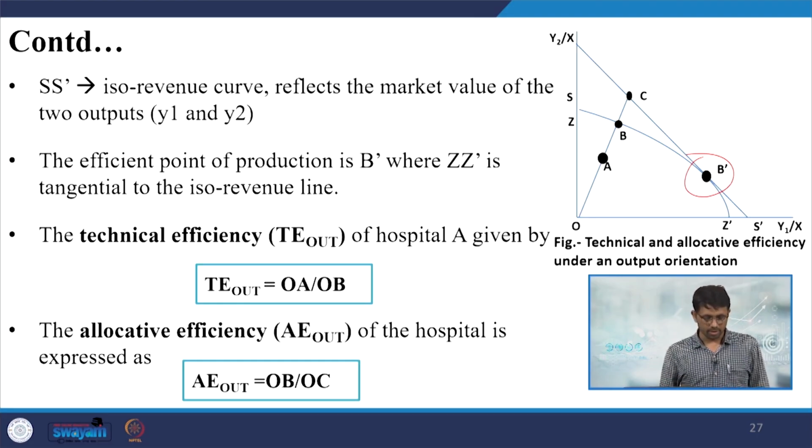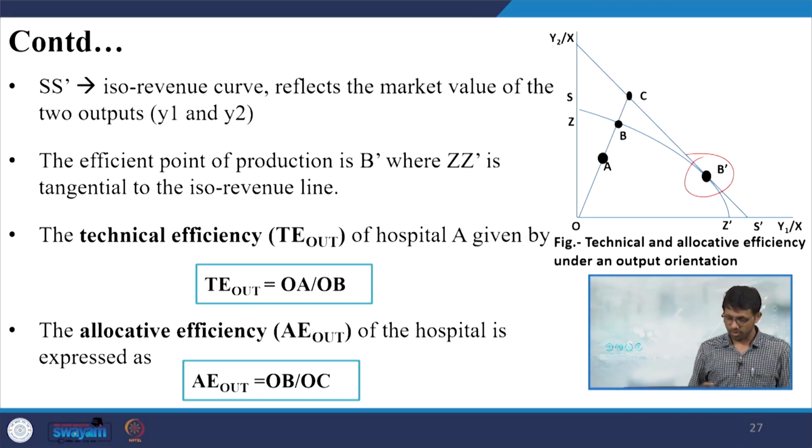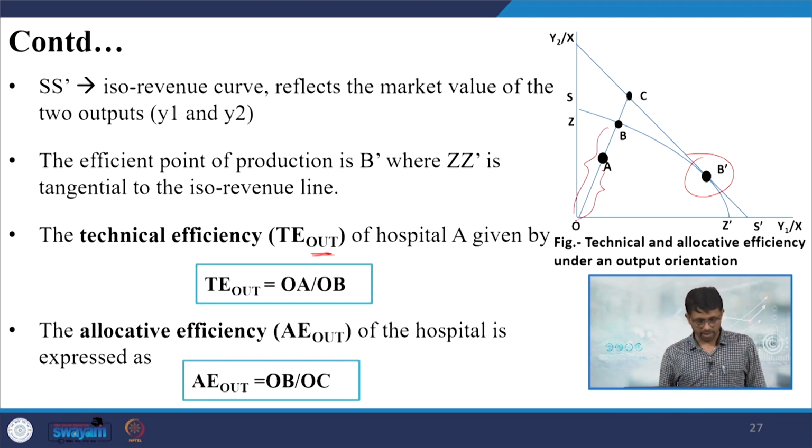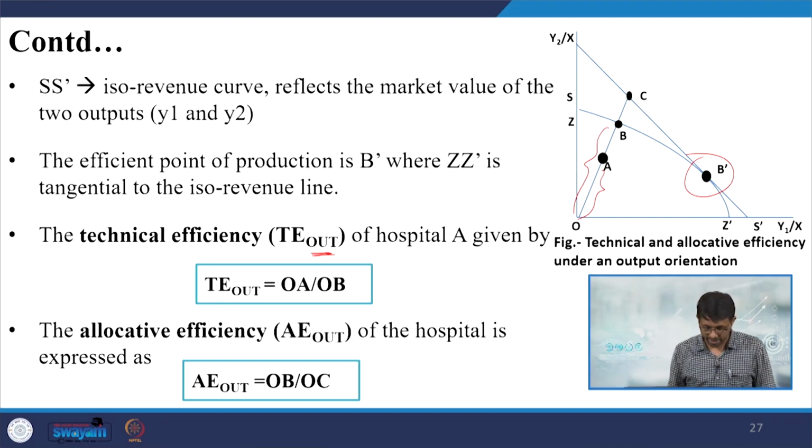And the technical efficiency in the output oriented model, as we have written, for hospital A is OA by OB, as simple as that. Whereas the allocative efficiency is just the reverse, since we are sticking to the output oriented model, hence the ratio is taken accordingly.